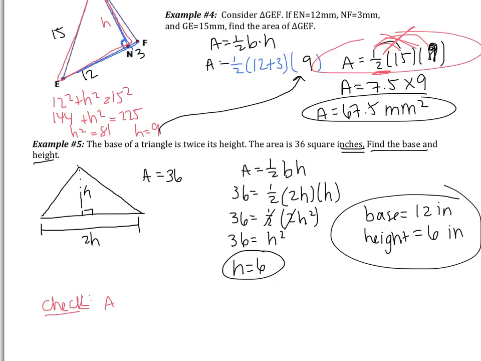So remember, area is 1/2 base multiplied by height, which in this case, the base is 12, the height is 6. 1/2 of 12 is 6, so this is 6 multiplied by 6, which is 36. So my answer checks out.